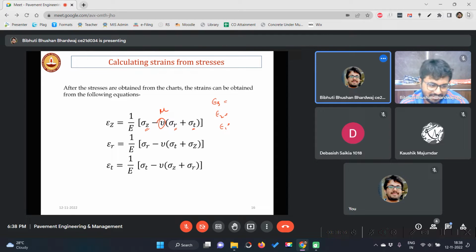This is Poisson's ratio, right? In these equations, if you need strain from stress, you need elastic modulus and Poisson's ratio.